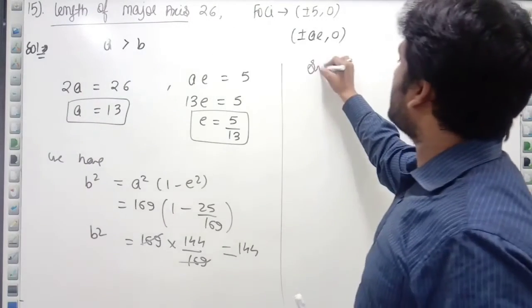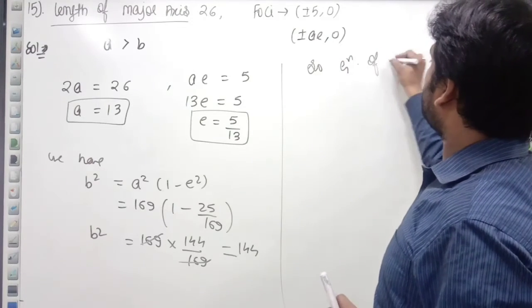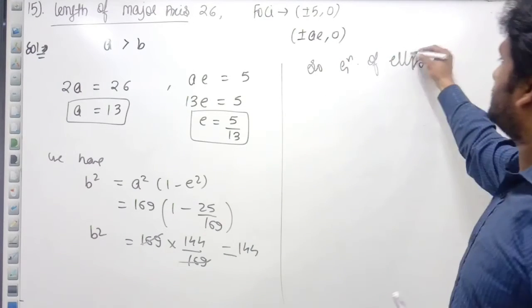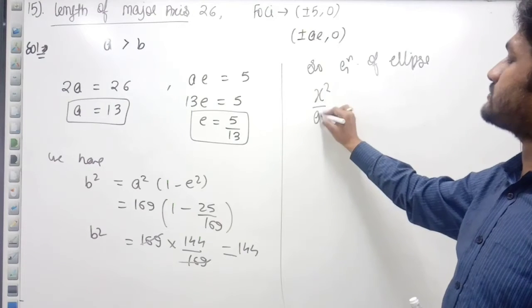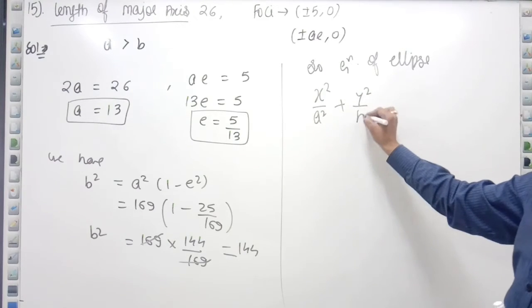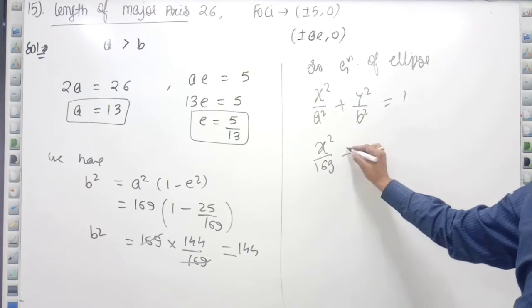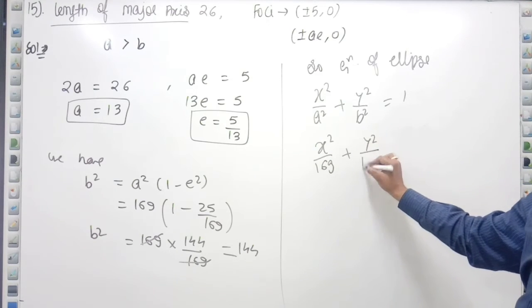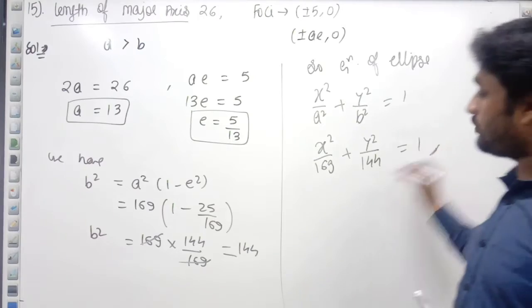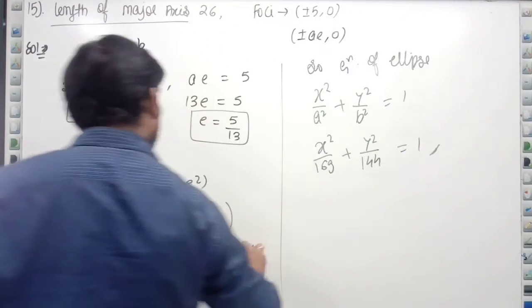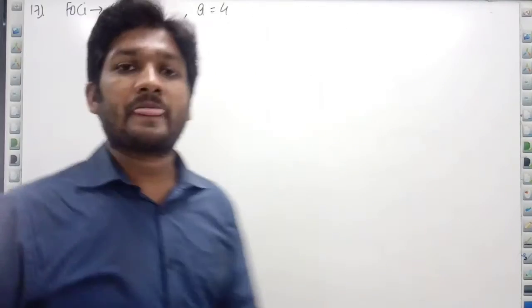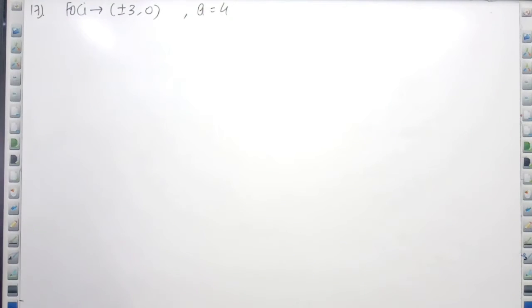So the equation of ellipse, x square by a square plus y square by b square equal to 1. So x square by 169 plus y square by 144 is equal to 1, and this is the required answer. 16th question is similar, I have skipped.